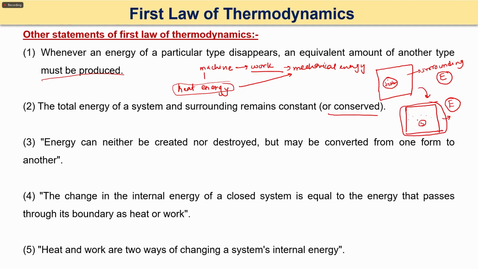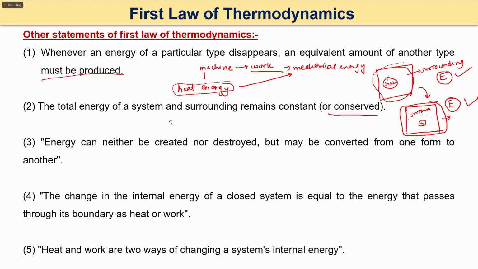So the total energy of the system and your surrounding will remain constant or conserved. Like initially if it was E, then finally there may be change between the energy of system and surrounding, but as a whole it will remain constant.